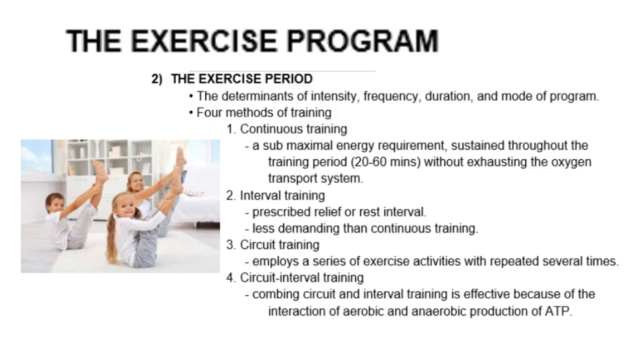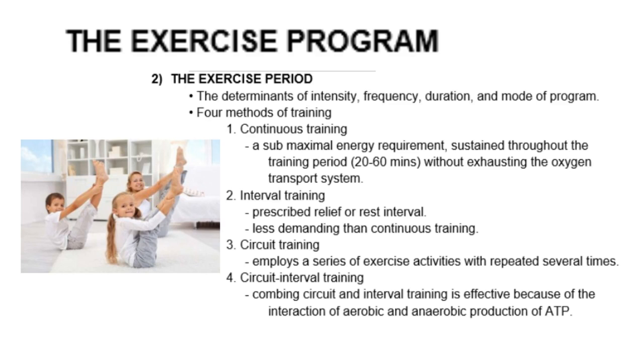Four methods of training. Continuous training: a sub-maximal energy requirement, sustained throughout the training period, 20 to 60 minutes, without exhausting the oxygen transport system. Interval training: a prescribed relief or rest interval, less demanding than continuous training.